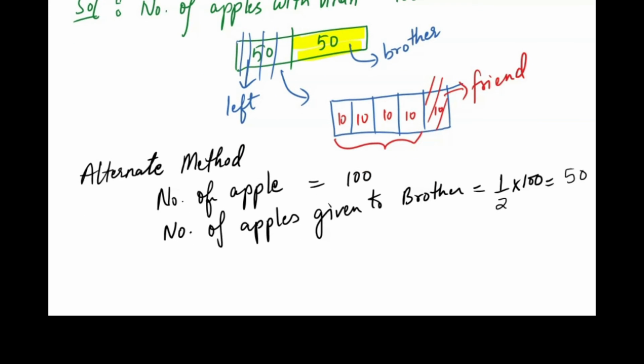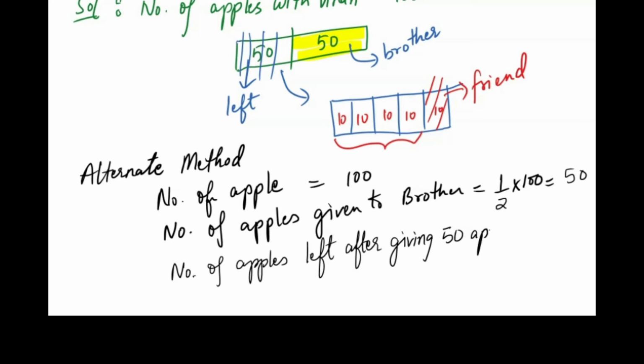So, number of apples left after giving 50 apples to brother is equal to 100 minus 50. That means 50.